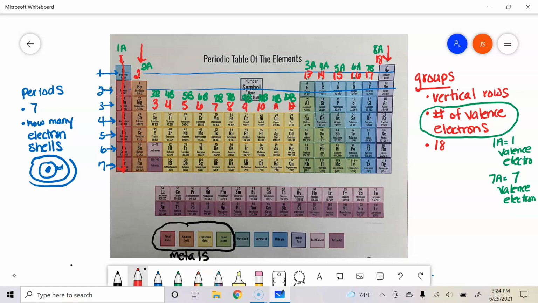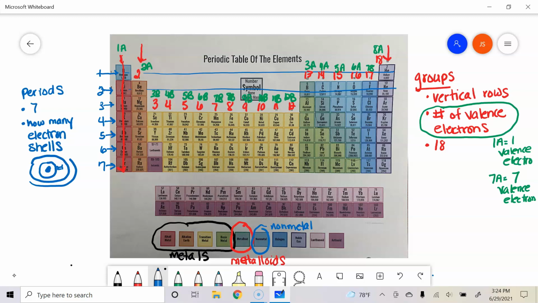Then we have the metalloids, and then we have the nonmetals. These 3 categories are going to have very distinct characteristics. Obviously metals are going to be shiny, they're going to conduct electricity. Nonmetals are going to be the opposite. They're going to be really dull. They're not going to conduct electricity. And metalloids are actually in between.